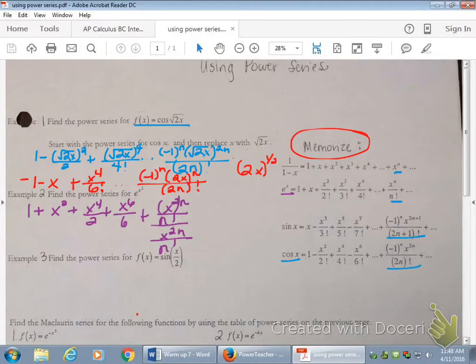The next one says sine of x over 2. So I'm plugging in x over 2 in the x place. That's to the third over 3 factorial.